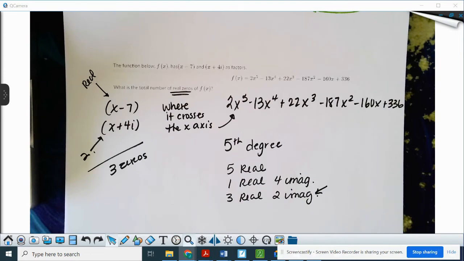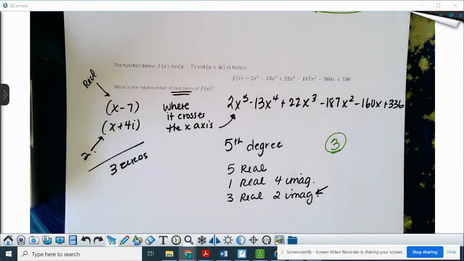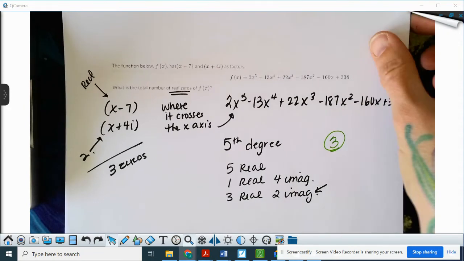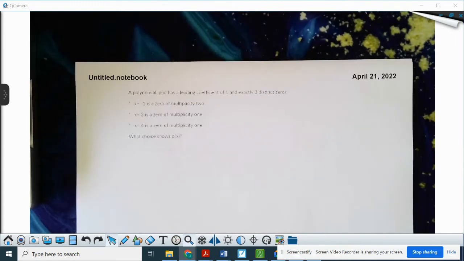So I'm going to let you go do that one and see where it crosses the x-axis. But the total number of real zeros for this one is going to be 3 when you actually graph it, because 2 of them are already used up, and we have 5th degree, so that means there's 5 total zeros in solutions.